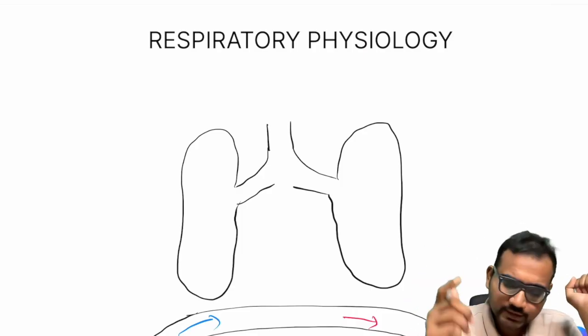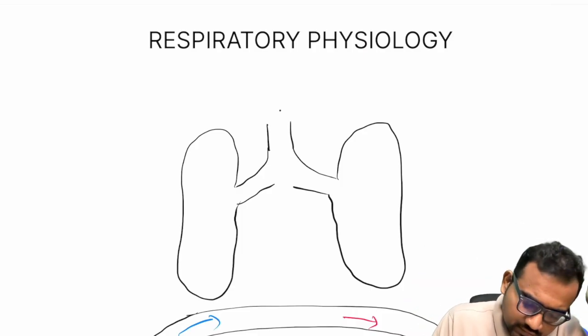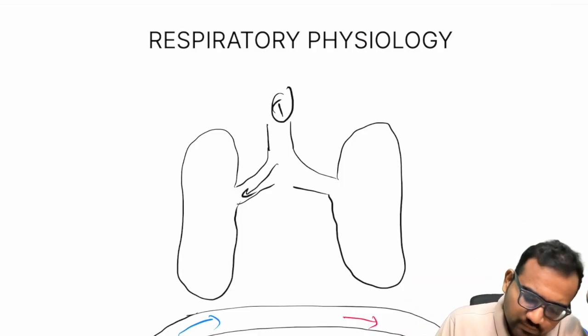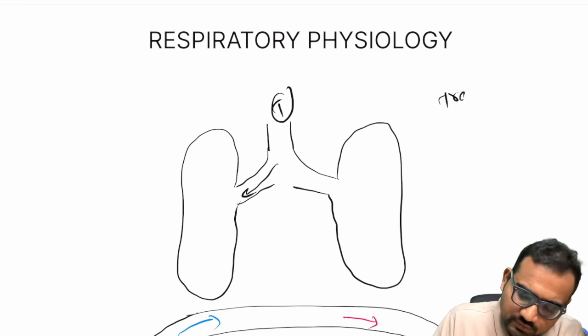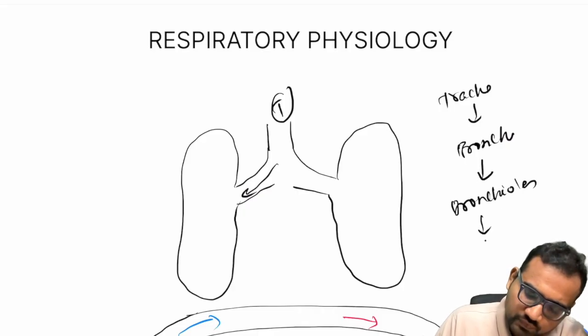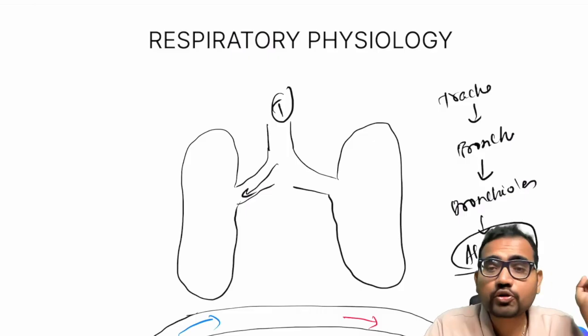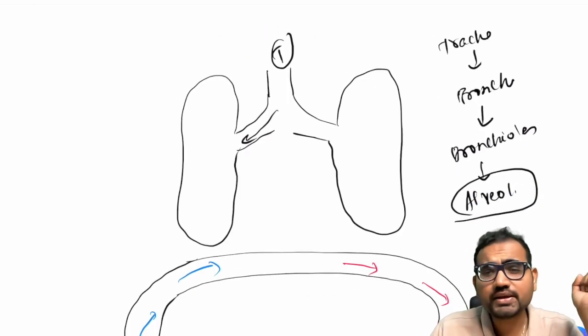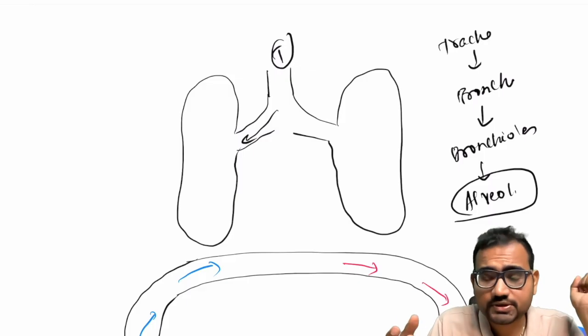So we all know that the trachea leads to the bronchus. The bronchus has bronchioles, which in turn have alveoli. Alveoli are very important because alveoli are the place where gas exchange takes place, right?